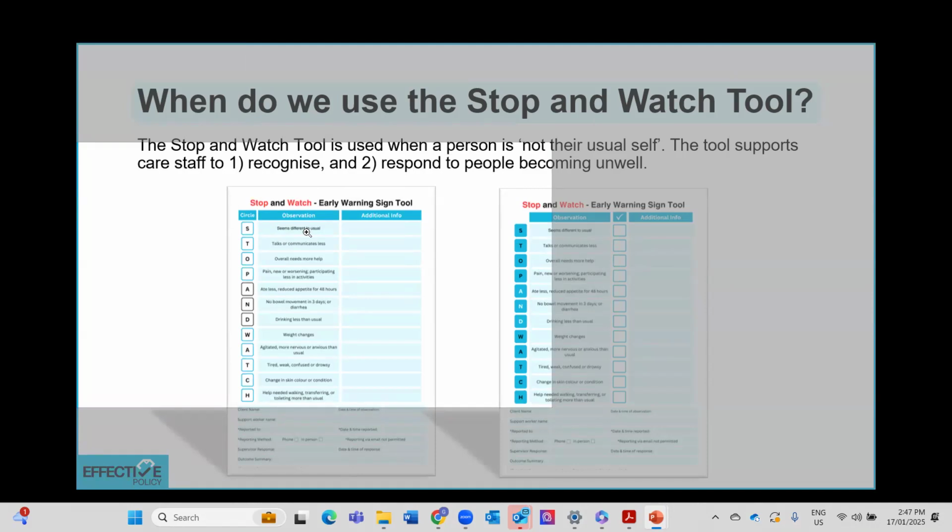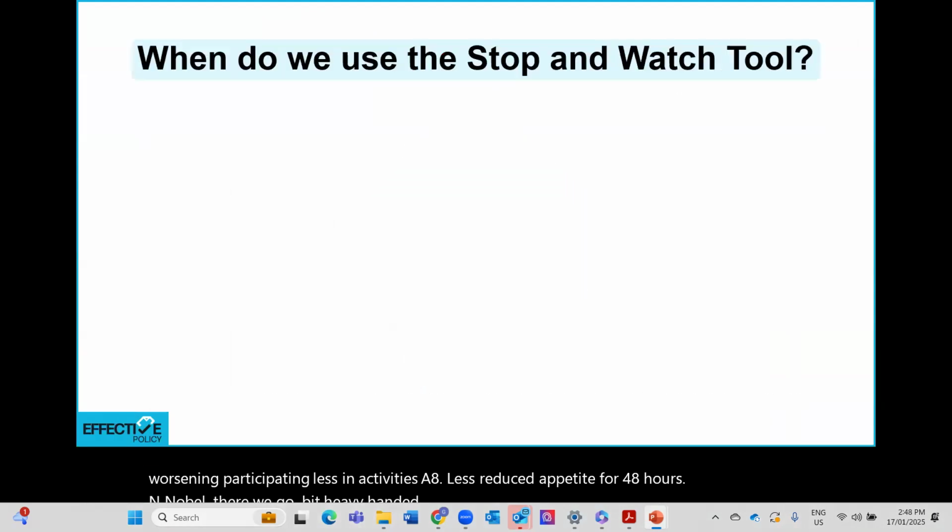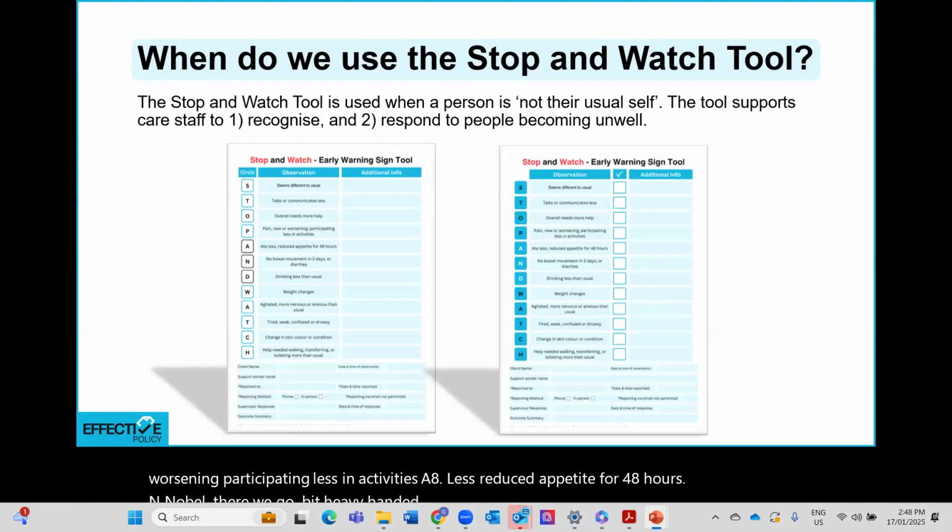P, pain, new or worsening, participating less in activities. A, ate less, reduced appetite for 48 hours. N, no bowel movement for 3 days.